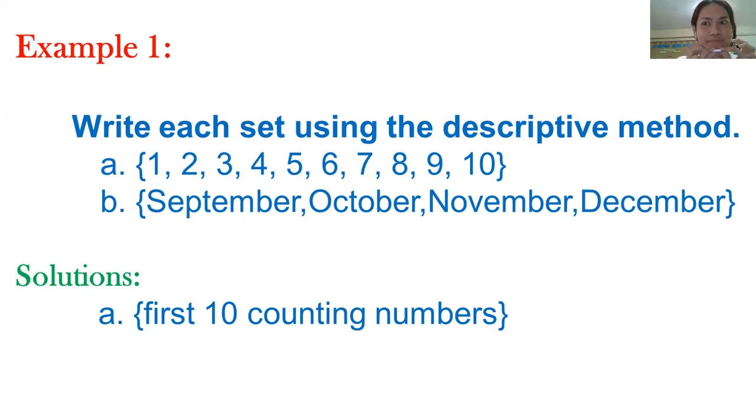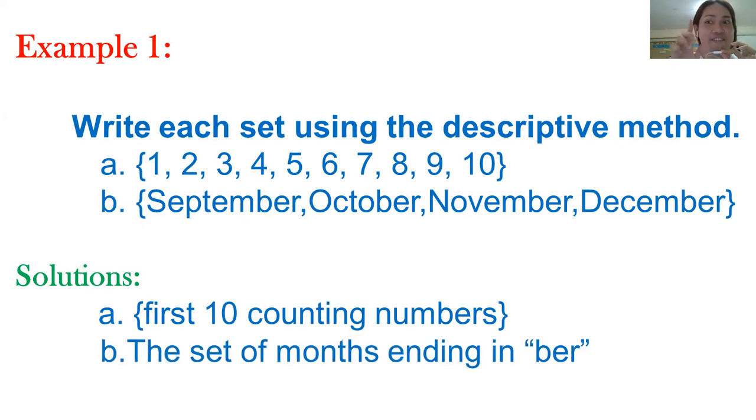I'll give you time to think. Okay, time is over. Who got the same answer? The set of months ending in ber. These examples are related to how we use the descriptive method in describing the members or elements of a given set.